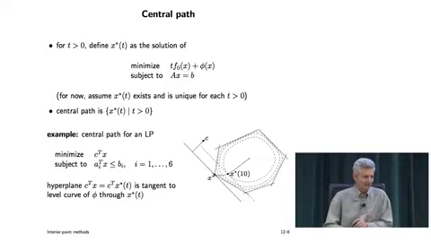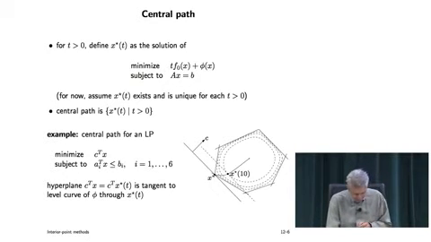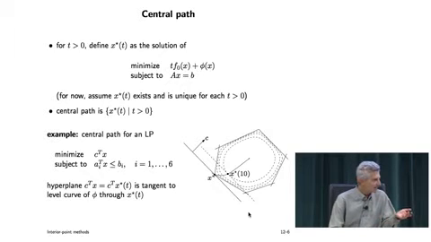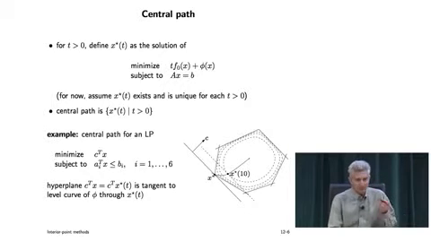So it doesn't matter. You'd figure these things out. So we're going to minimize t f0 plus phi subject to Ax equals b. We're totally ready for Newton here. We know exactly how to compute that. Not a problem. Now, we do expect that when t gets gigantic, Newton's going to have some trouble.